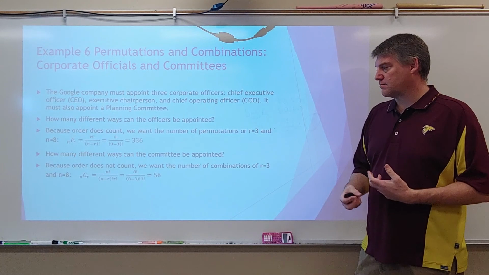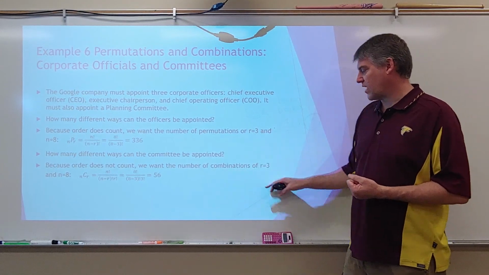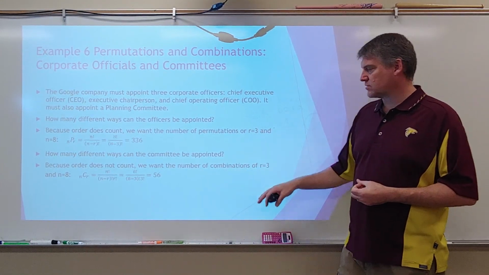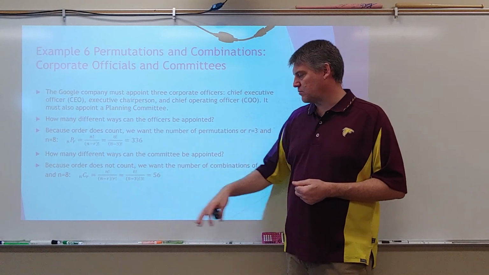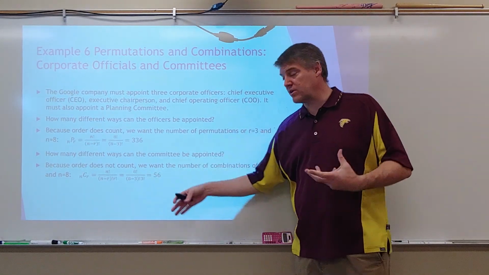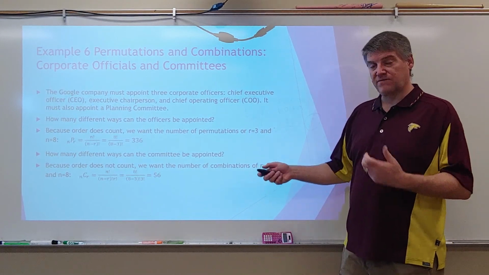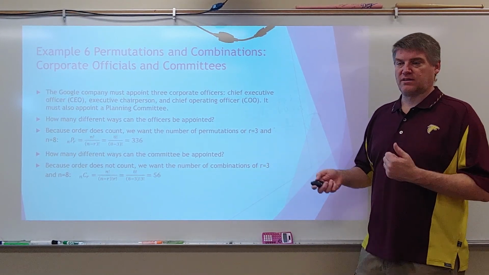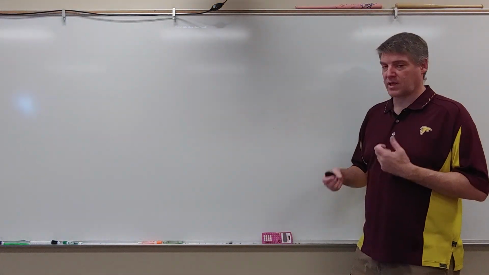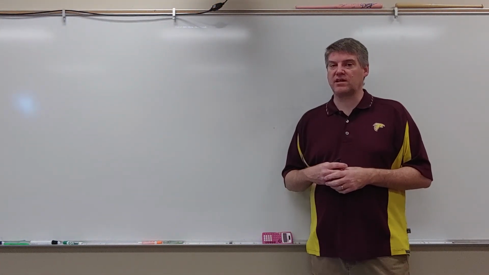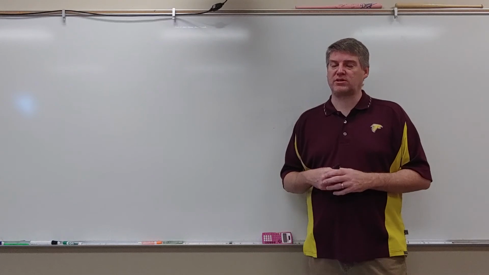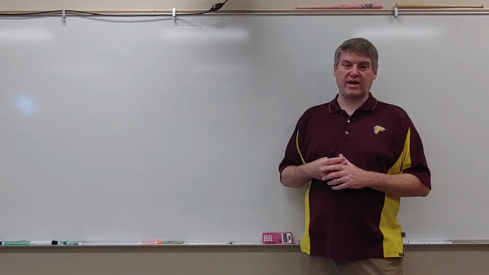Order does not matter. So we want the number of combinations with r equals 3 and n equals 8. So this would be 8 factorial over 8 minus 3 factorial times 3 factorial, or 56. There are 56 different ways that a committee can be selected. Okay? So that's getting you guys understanding counting principles and how we find the total number.